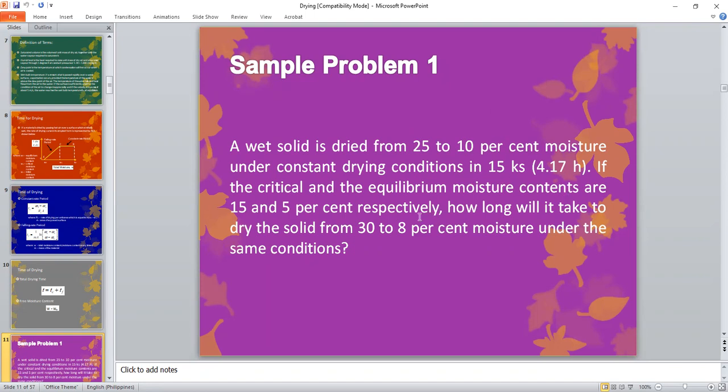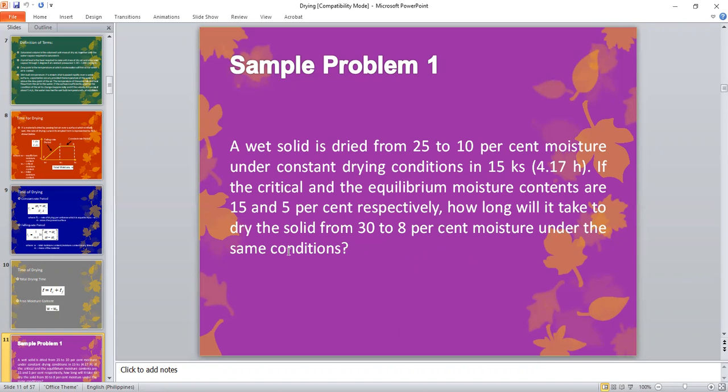Now, the critical moisture content and the equilibrium moisture content are, by the way, fixed values for a particular material for a set condition. But the last part of the problem states how long it will take to dry the solid, but this time it would have to start with a higher moisture, which is 30, and end at a much lower moisture content of 8 compared to the 10%.